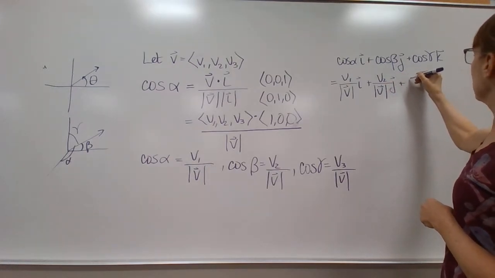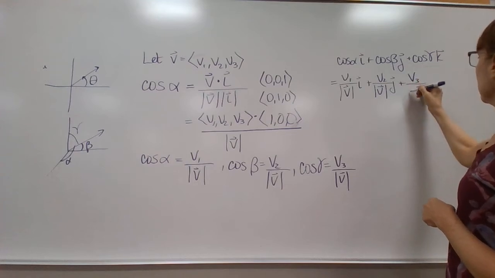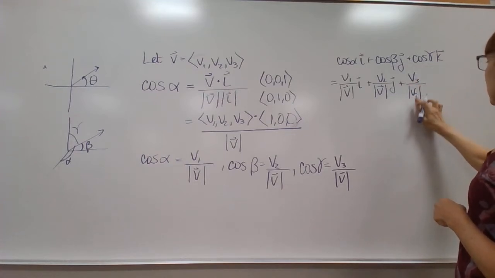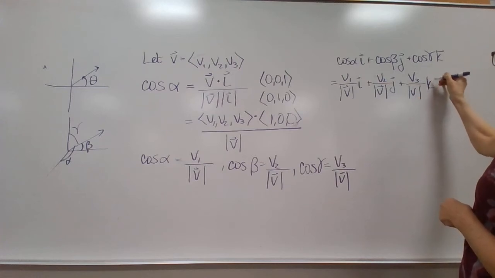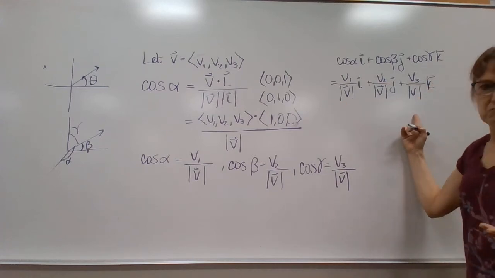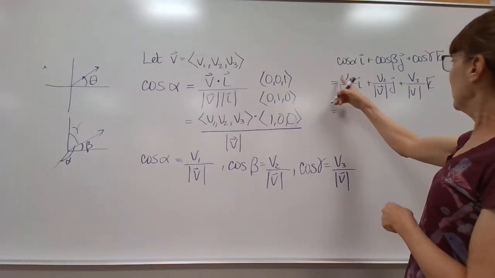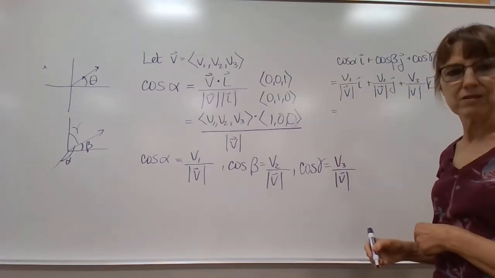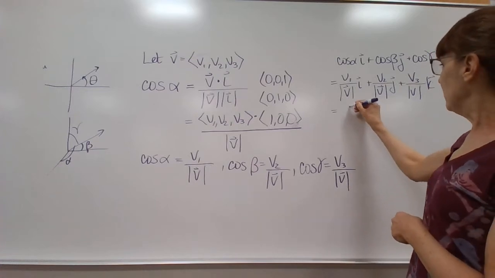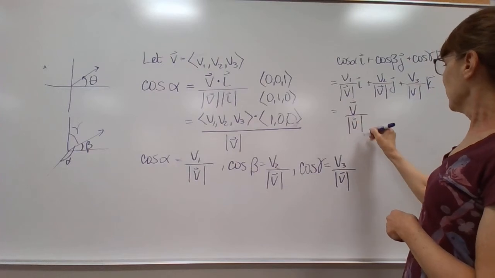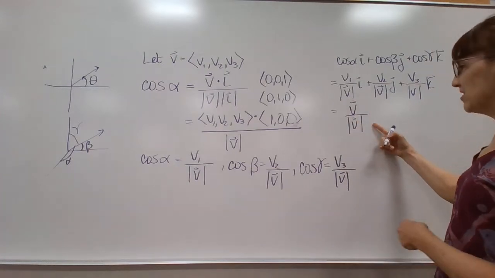But when I do that, the denominator, the magnitude of V, is a scalar, so that doesn't change. The top, I get V1, V2, V3, the vector, which is V. So I have the vector V divided by its magnitude.